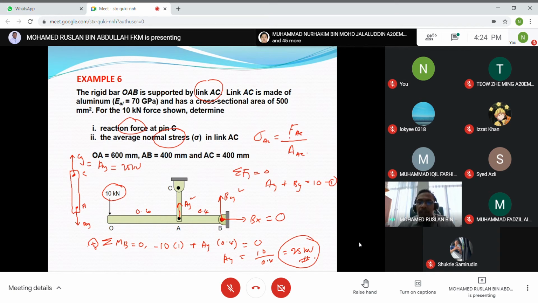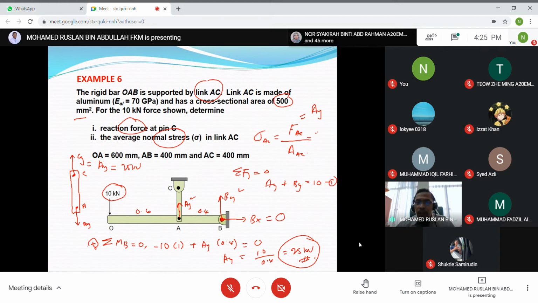FAC here is represented by AY or CY, because AY equals CY. The force in body AC is FAC, represented by AY, 25 kilonewton. The area given here is 500 millimeter square, so you convert to meter square.